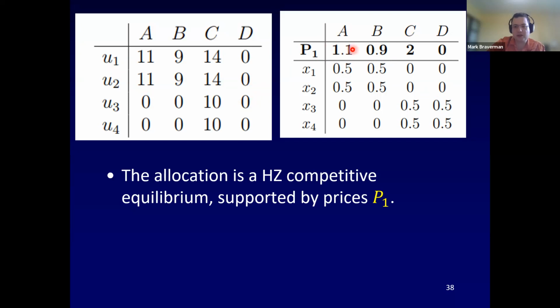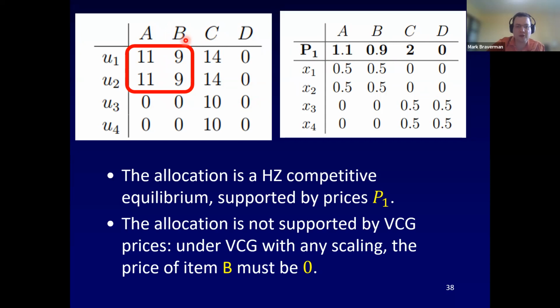But those prices are not VCG prices for any scaling, because for item B there are only 2 people interested in it. And it's a property of VCG that if you have an item that is not oversubscribed, in this case A and B are not oversubscribed, the price of B must be 0 in all allocations.